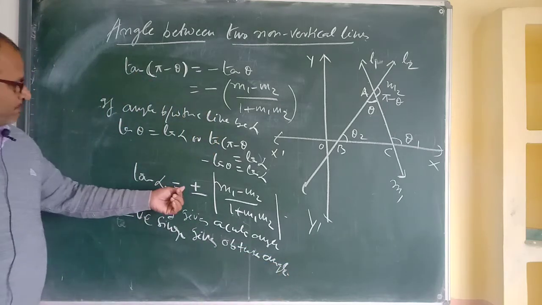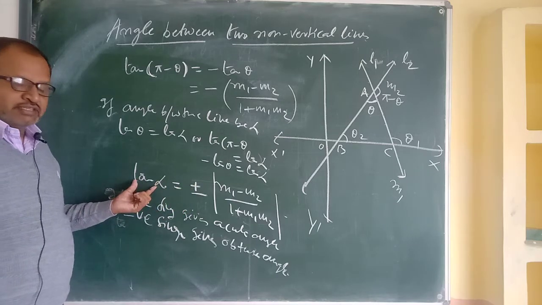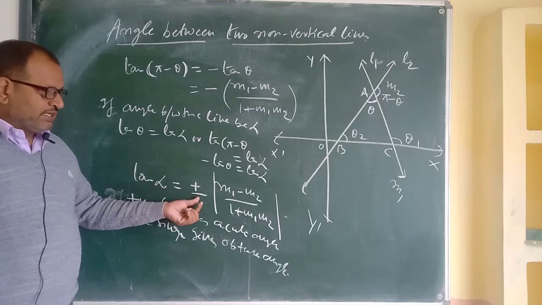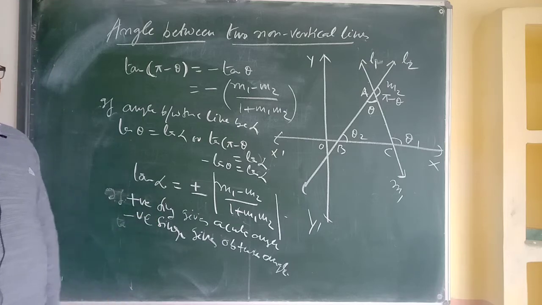So if we take the positive sign we can get the acute angle, and taking the negative sign we can get the obtuse angle alpha.